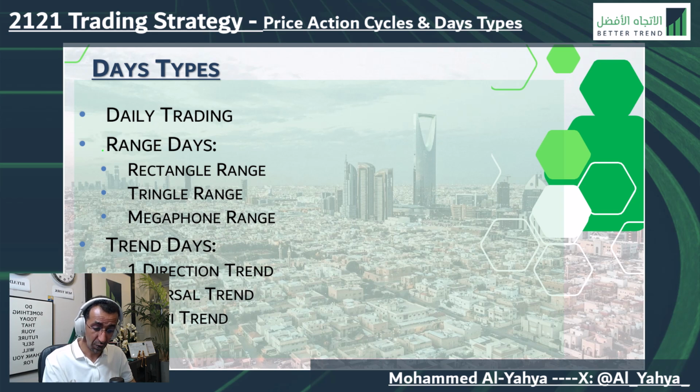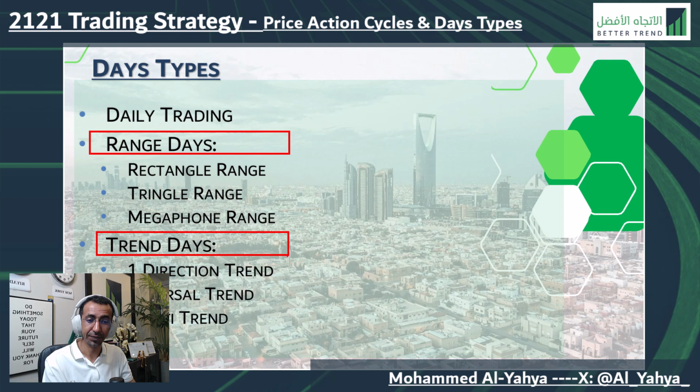We have two types of days: either a range day or a trend day. The range day could be a rectangle range, triangle range, or megaphone range, and that is the worst.